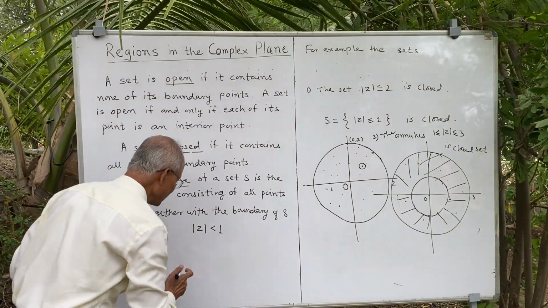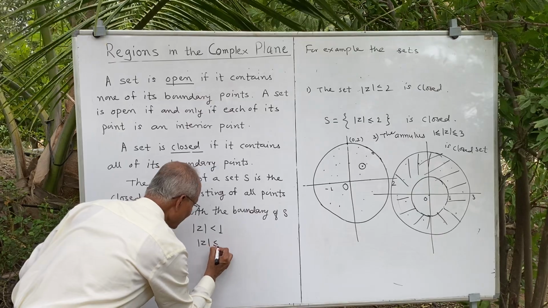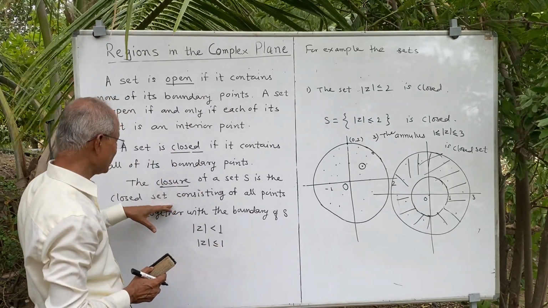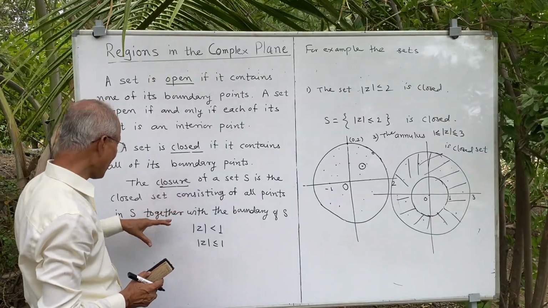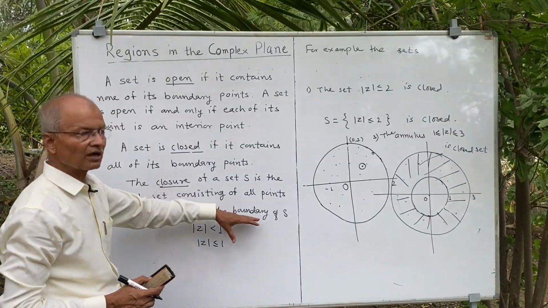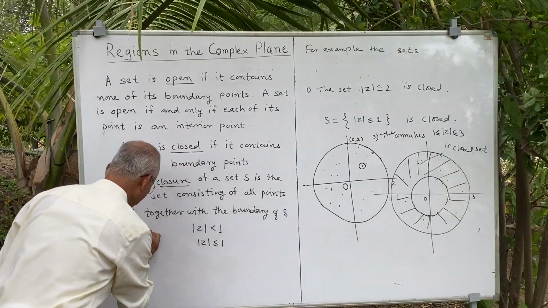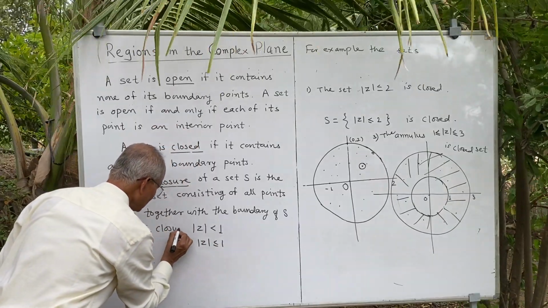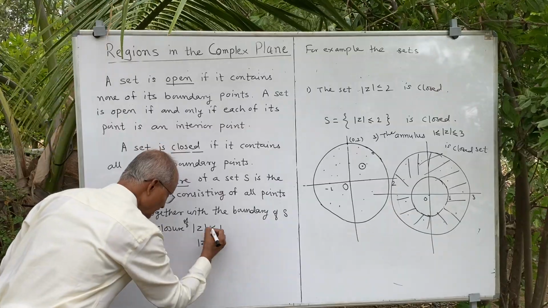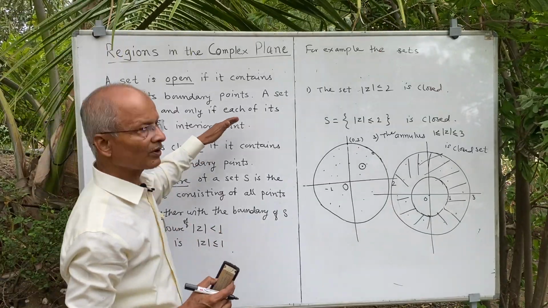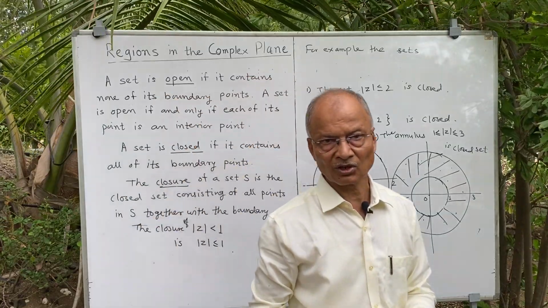The closure of this set will be |z| less than or equal to 1, because the closure is a closed set consisting of all interior points along with boundary points. So the closure of |z| strictly less than 1 is this set. So this is the meaning of open set, closed set and closure of a set.